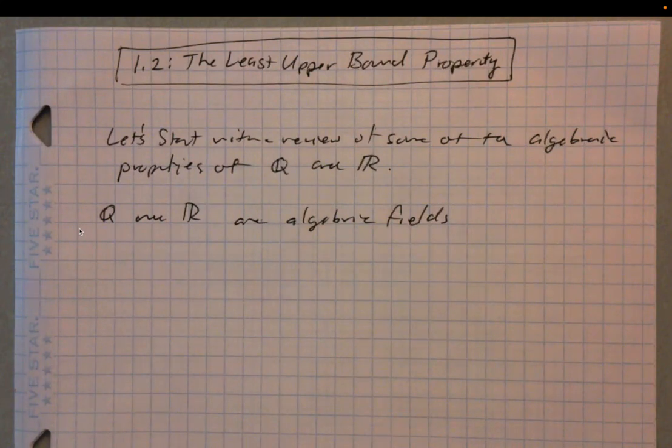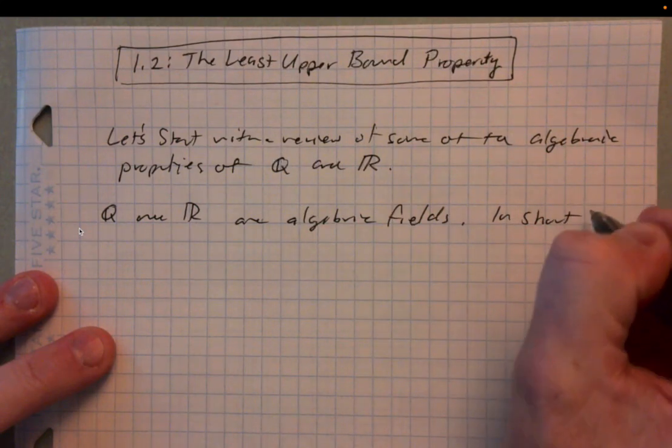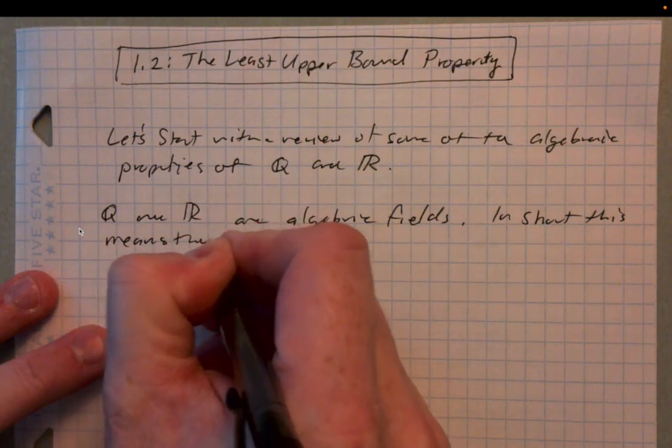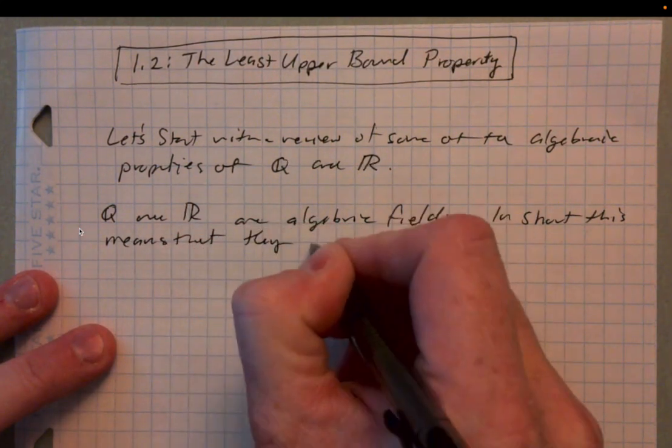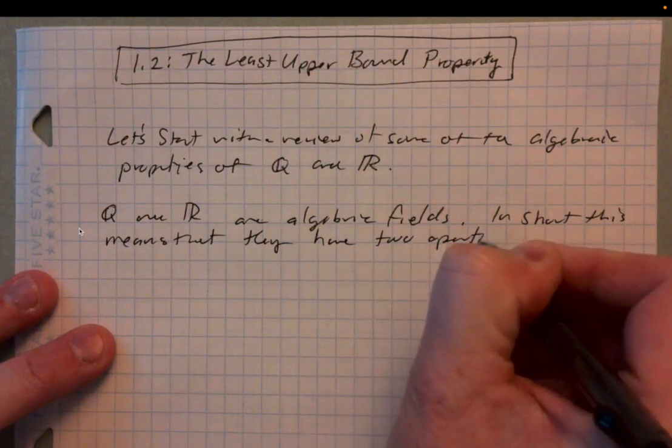Now, what does a field mean? In short, what it means for Q and R to be fields is that they are endowed with two operations and they satisfy a list of axioms. So in short, this means that they have two operations, right?